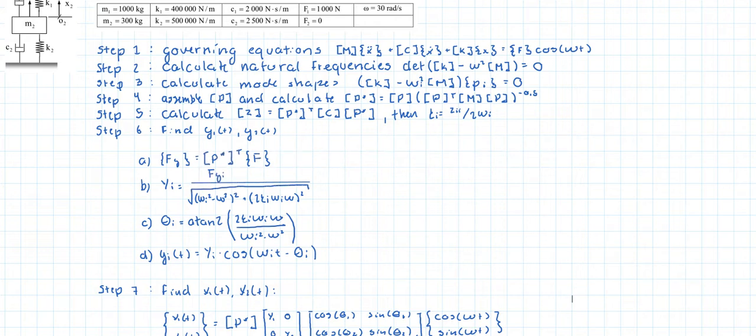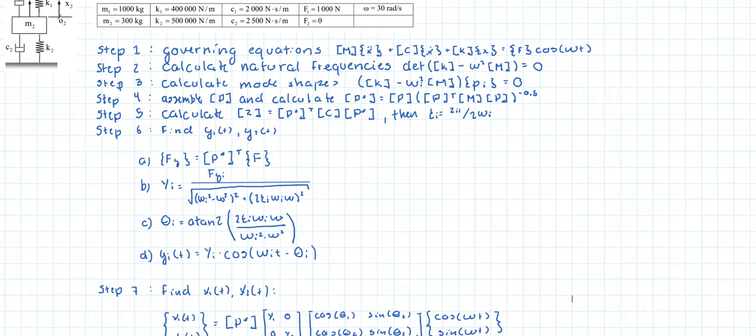With the mode shapes, we're going to assemble the P matrix or the modal matrix, and then we're going to calculate P star. After that, we're going to calculate the normalized damping matrix Z, and its diagonal elements can be used to find the damping ratios. From there, step number 6 is to find y sub 1 of t and y sub 2 of t.